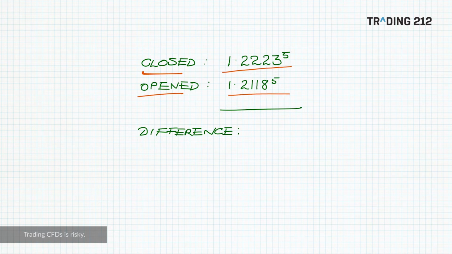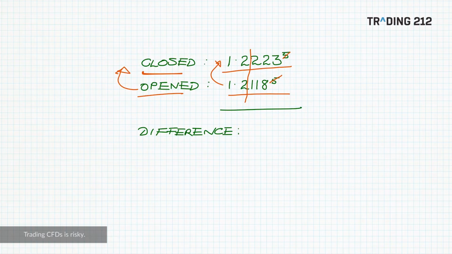So if we subtract the opening level from the closing level, we can work out the number of pips that we made. We know how much we should have been making for each pip, and therefore we can work out our profit. So if we look at these numbers, these 5s, we subtract 5 from 5, just going to give us 0, so we can ignore that. If we put a line down here, we know that 1.2 subtracted from 1.2 is going to be 0, so we can ignore that.